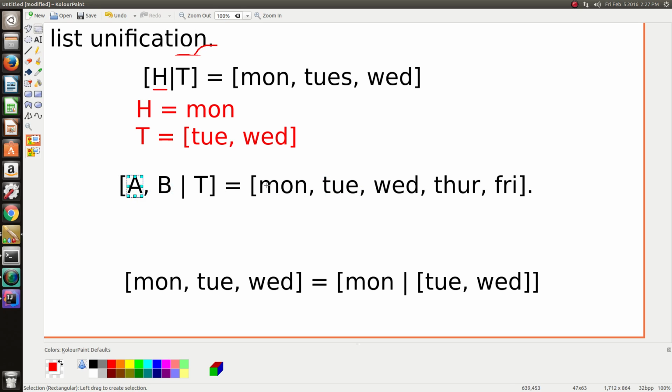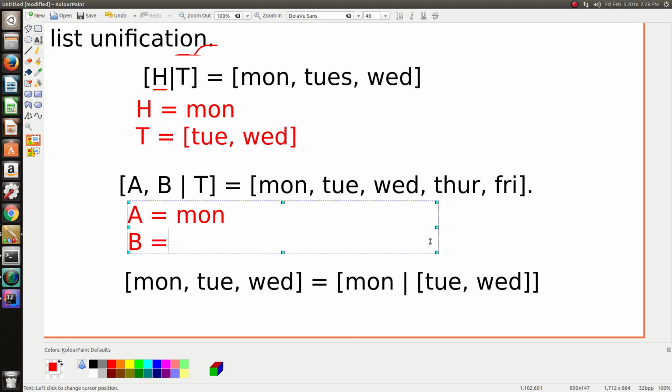So A represents the first element of the list, B represents the second element of the list, and tail will store everything after the second element. So quite simply, you just have A equals 1, B equals 2, and tail equals everything else as a list.